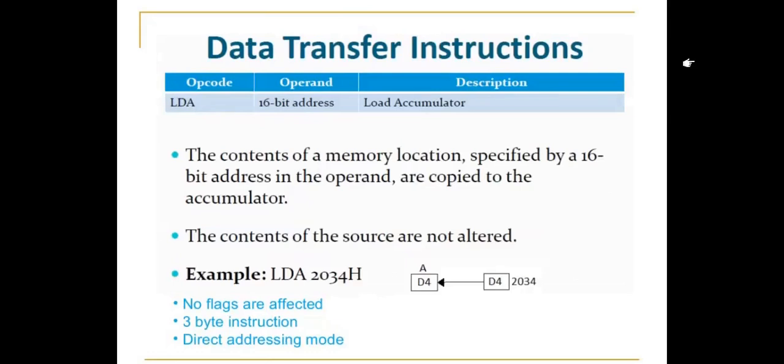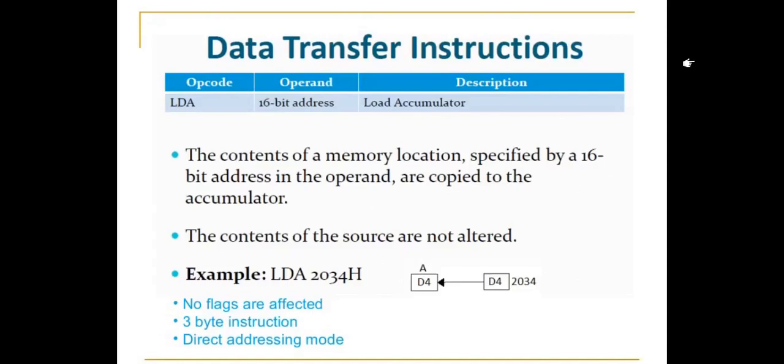So, what is happening here? I'm giving an example, LDA 2034H. And again, I'm telling you, H is the hexadecimal format. Now, 2034 is actually the memory address here, isn't it? It is not the value, correct? So, what will the microprocessor do?